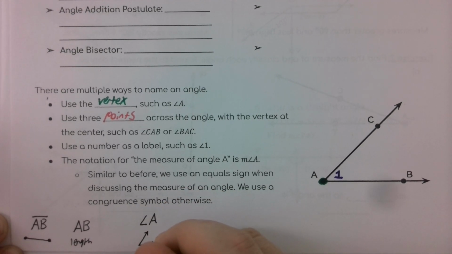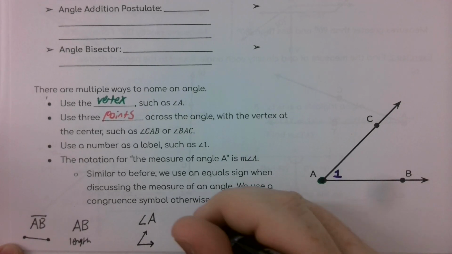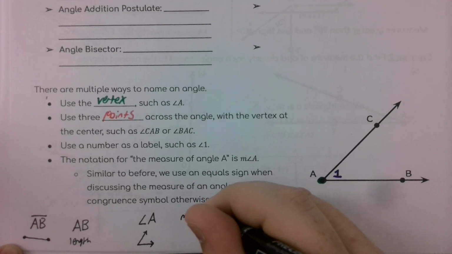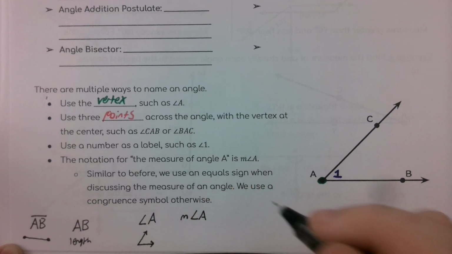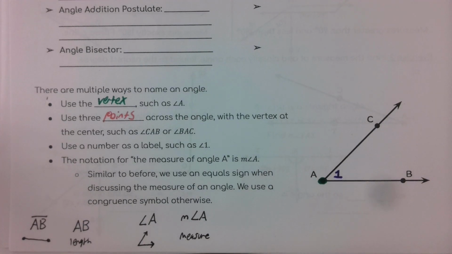It's a diagram. But if I ever wanted the measurement of an angle, I would mark it as m angle A. That'll be the measure of the angle, or how big it is. Just make sure we keep this difference in mind as we move forward. Speaking of moving forward, let's flip the page.